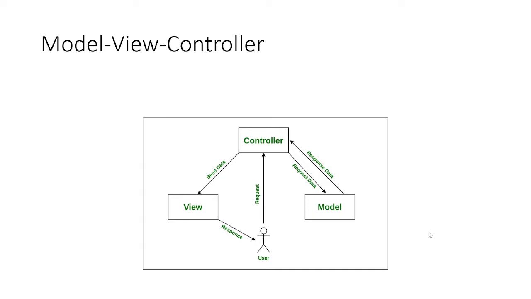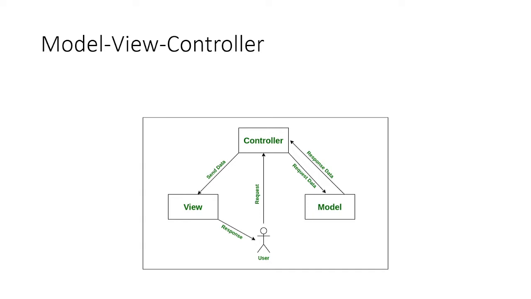Model view controller, commonly known as MVC, is a common architecture design for web applications in general. So we, as a user, can request a web page. For example, we want to request google.com. When the request reaches the Google server, it will reach the controller first.